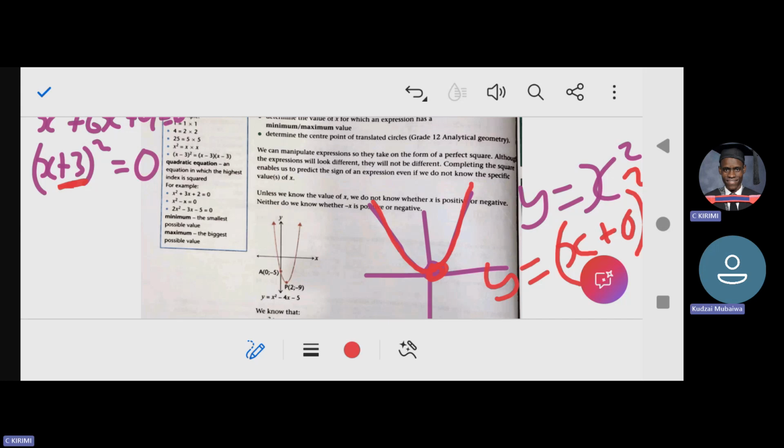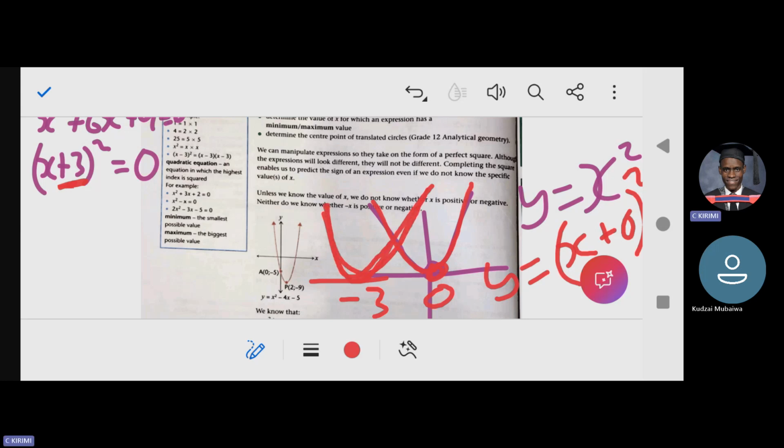The turning point is at 0. So if I want the turning point to be at negative 3, the new equation is no longer going to be x squared. It's going to be (x + 3) squared. That is the graph of (x + 3) squared.